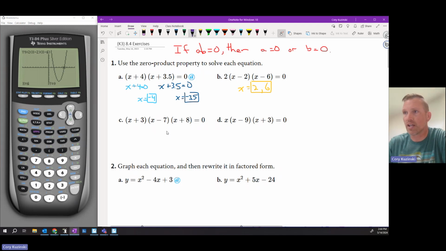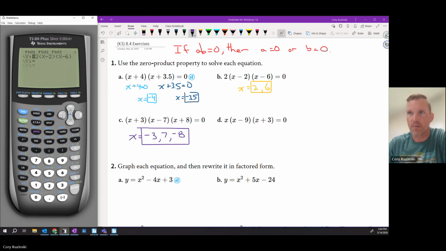All right, what about this one? Well, there are 3 things. x could be -3, x could be +7, or x could be -8. I think we should graph this one. I was messing around with this one earlier too. So x plus 3 times x minus 7 times x plus 8. Graph it. You can see the 1, 2, 3 intercepts.